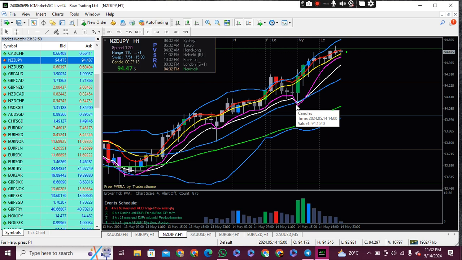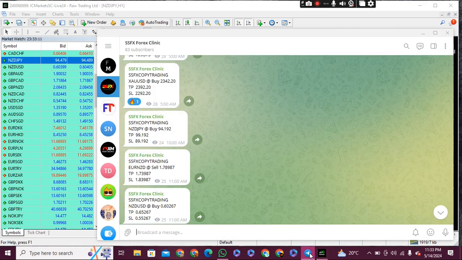You can place orders and hold them for a long time. You see, this is a very beautiful strategy that you can hold your trades for a longer period of time. And at the same time, if you're working, you just need to check your phone when a signal is sent out, analyze, execute, and leave it to run, and you can make money.